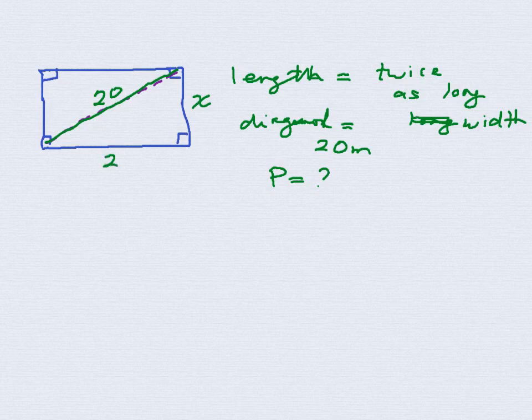So if the width was 5, the length would be 10. If the width was 8, the length would be 16. If the width is x, the length is going to be 2x. And now I have information that I can use to write a relationship. I have only one letter, which is ideal, and I have one number. I can do this calculation now.